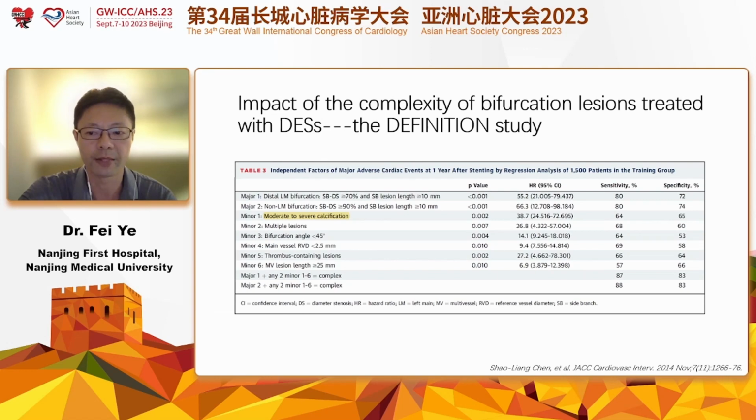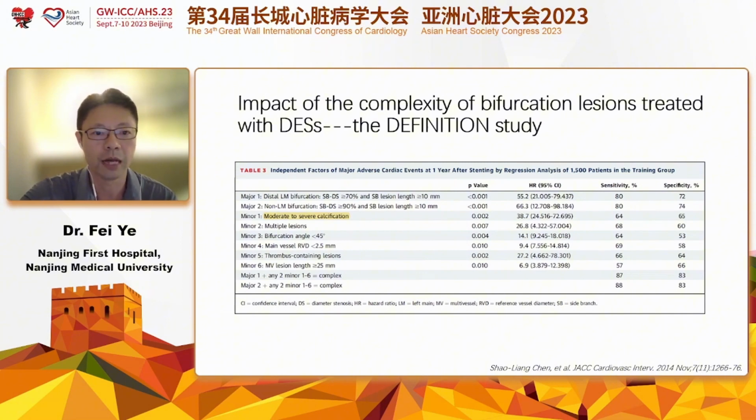The rate of MACE for each confounding factor and combinations of several confounding factors were calculated. The definition of complex and simple bifurcation lesions was then established according to the predicted value of confounding factors.